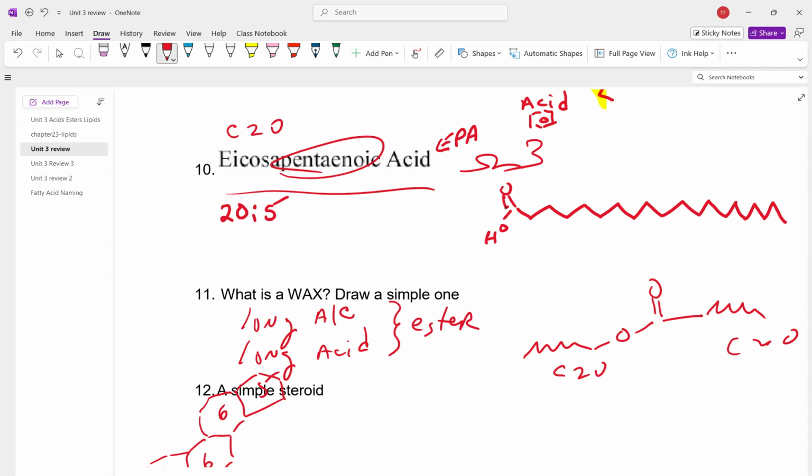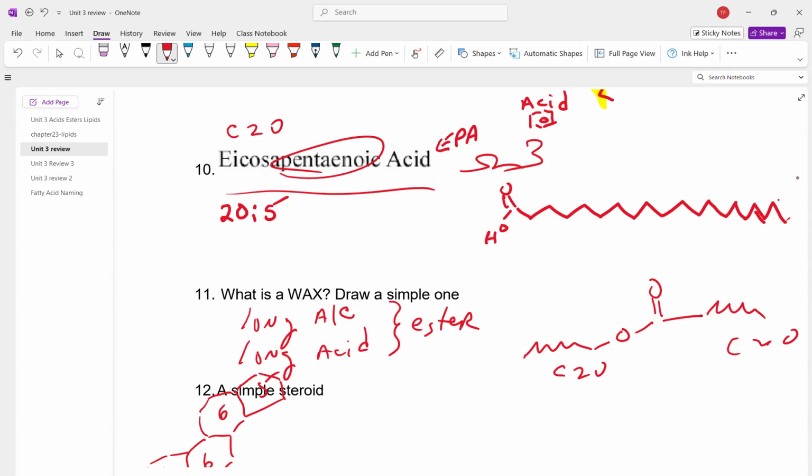Now this is an omega-3, so you know that 3 in from the end is a double bond: 1, 2, 3. Now eicosapentaenoic acid is an omega-3 and it's all cis.